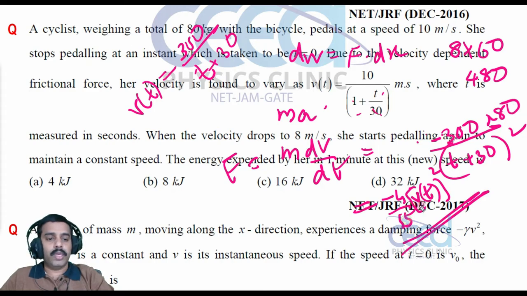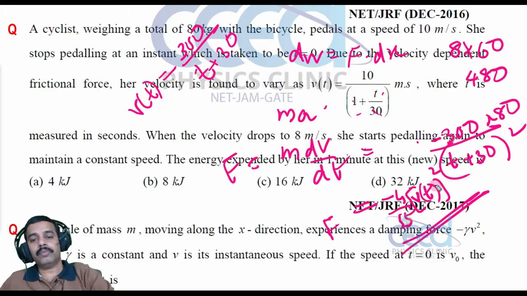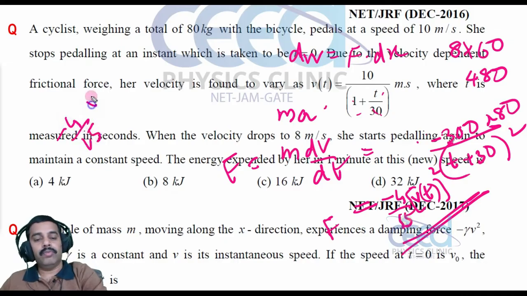So for minus 4 by 15 into this v of t the whole square, if you do, you will get the same, right? You can write this force. I have written simply, right? Now we can find this as minus 4 by 15 v of t whole square into this 480.